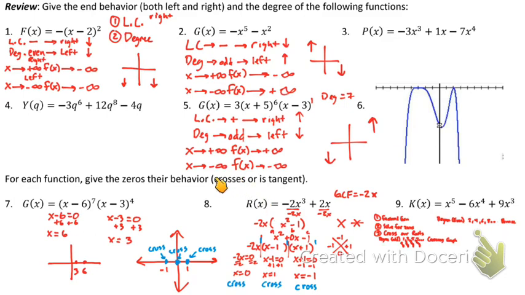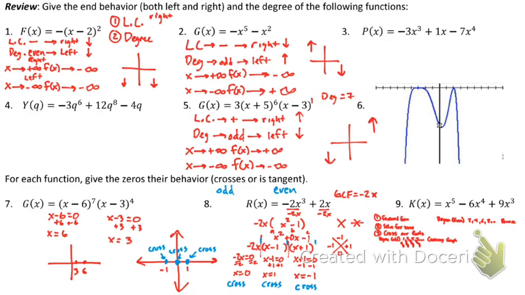So does it cross or is it tangent? Just to be clear, crosses are odd degrees, tangents are even degrees when we look at the individual factor. So you must factor before you can even answer these questions.